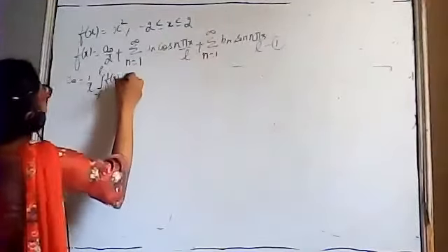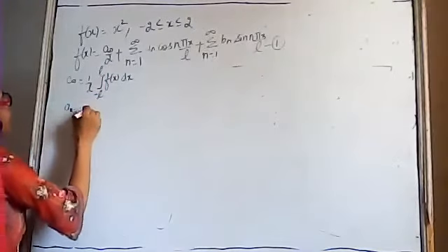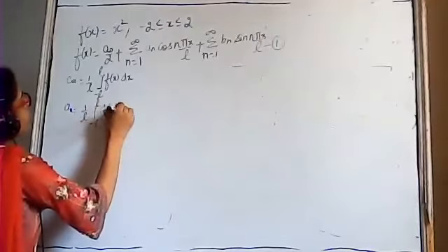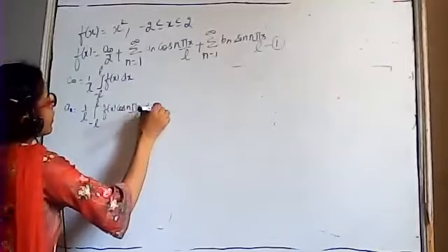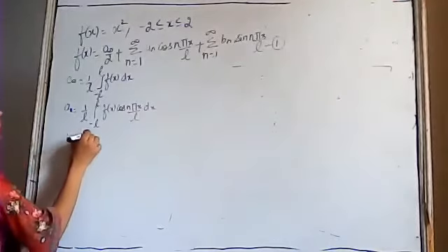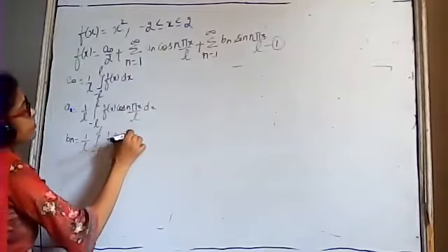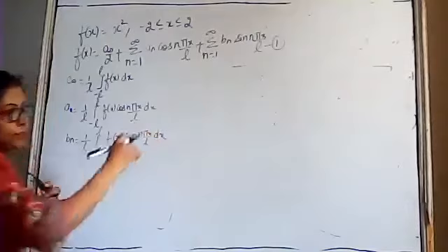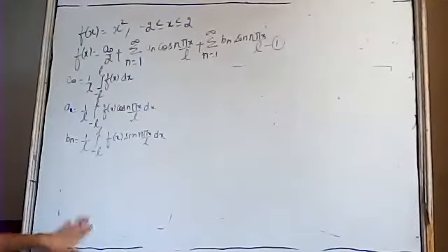This is the value of a0. After that, the value of a_n is given by 1 by L integral from minus L to L f(x) cos of n pi x upon L dx, and the value of b_n will be 1 by L integral from minus L to L f(x) sin of n pi x upon L dx. These are the values of a0, a_n and b_n.